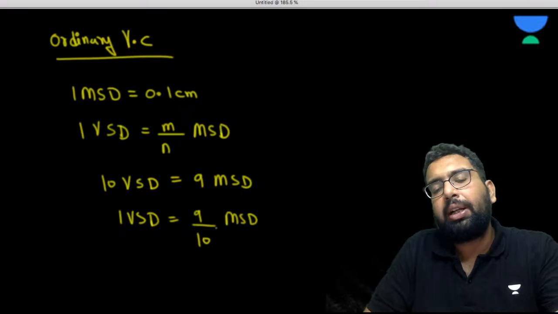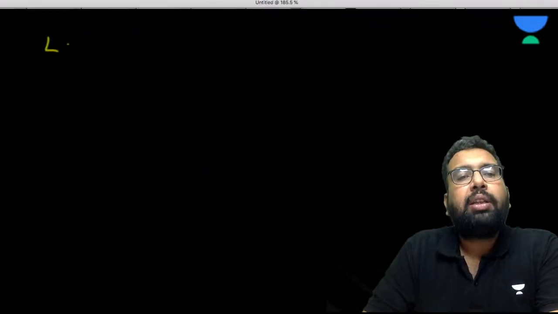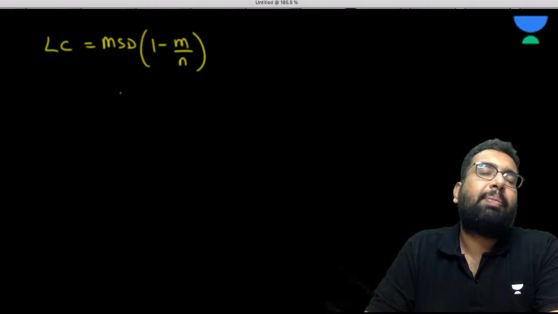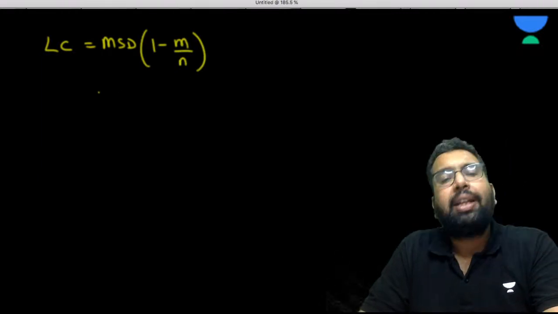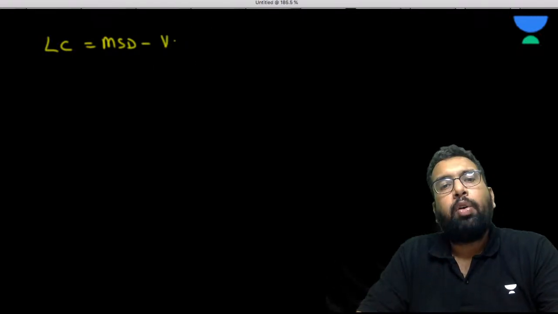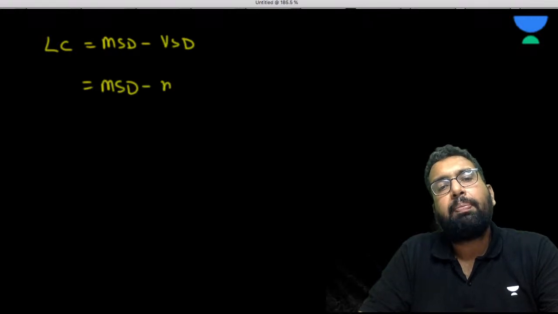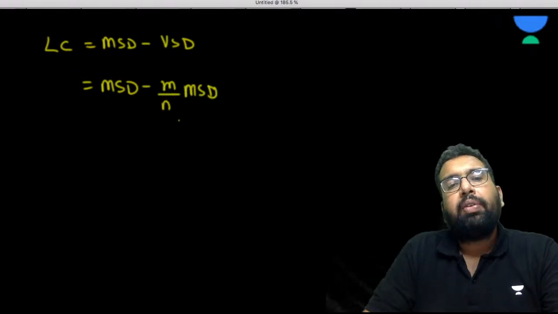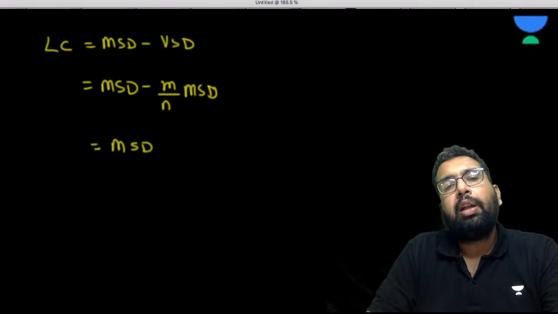So what is going to be the least count there? The least count is the main scale division into 1 minus m by n, or by the basics, main scale division minus Vernier scale division. So we can write main scale division minus m by n of main scale division, which is main scale division, and in the bracket 1 minus m by n.